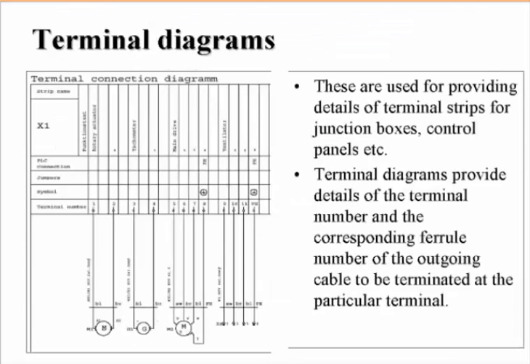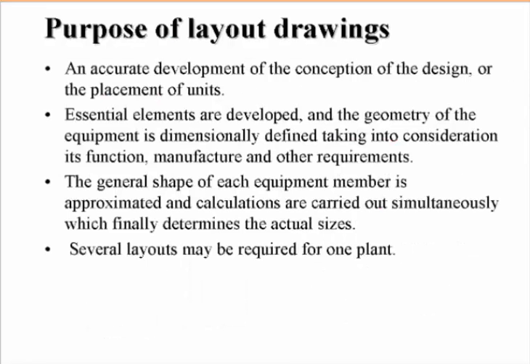Then we also have terminal diagrams. These provide details of the terminal strips for junction boxes. Terminal diagrams also detail the terminal number and the corresponding serial number of the outgoing cable to be terminated at a particular terminal. So that's another diagram that we use to show us the connections.